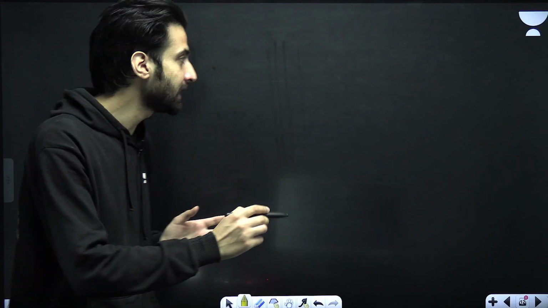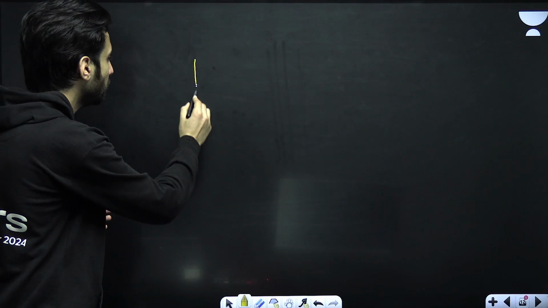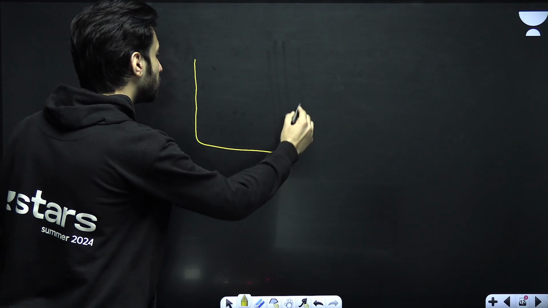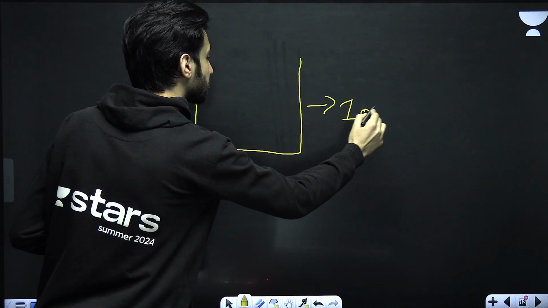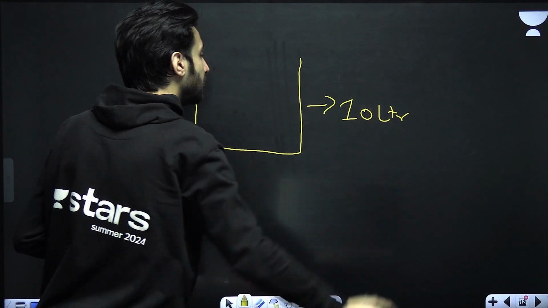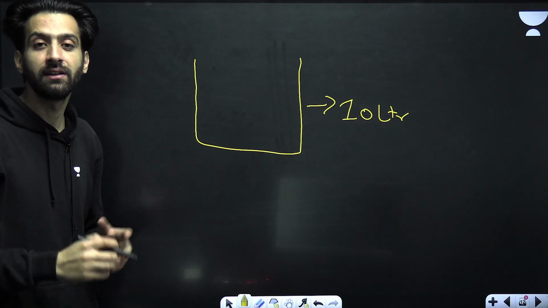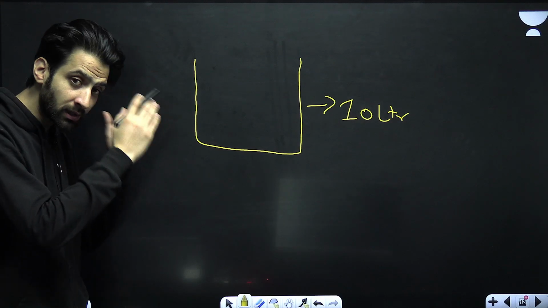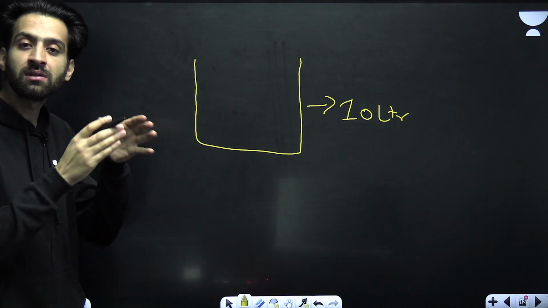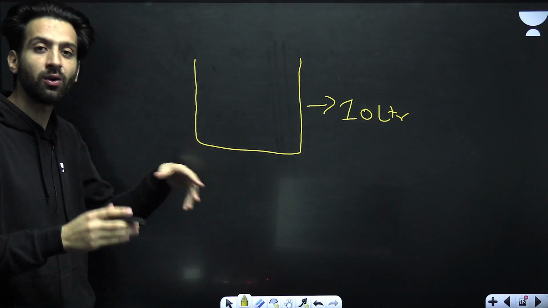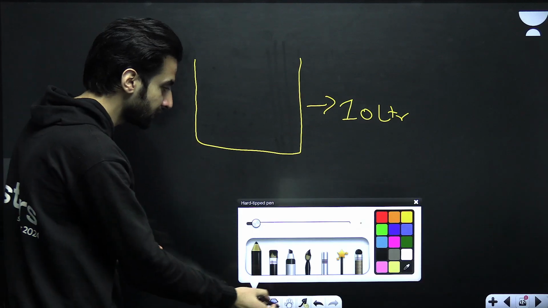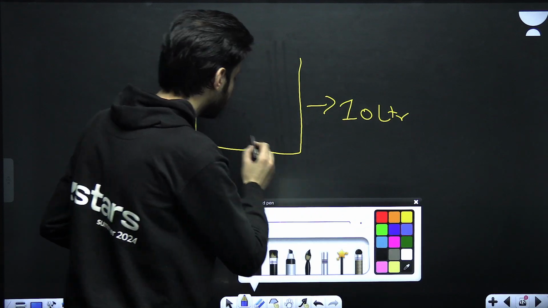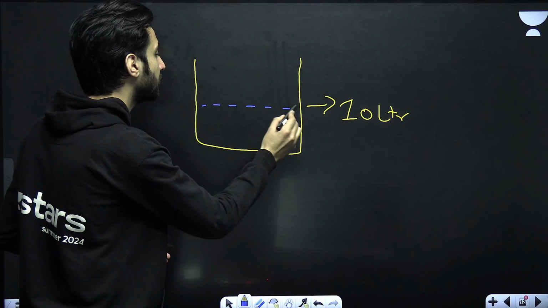Starting with a very basic example, suppose you have a bucket which is 10 liters. This is the capacity of the bucket, 10 liters. That is the total capacity. It is empty right now, holding nothing, but the capacity of the bucket is 10 liters. Now you pour 5 liters of water into it, up until here.